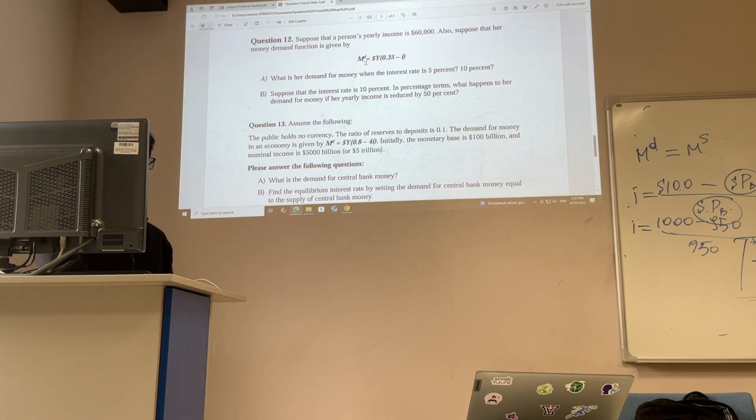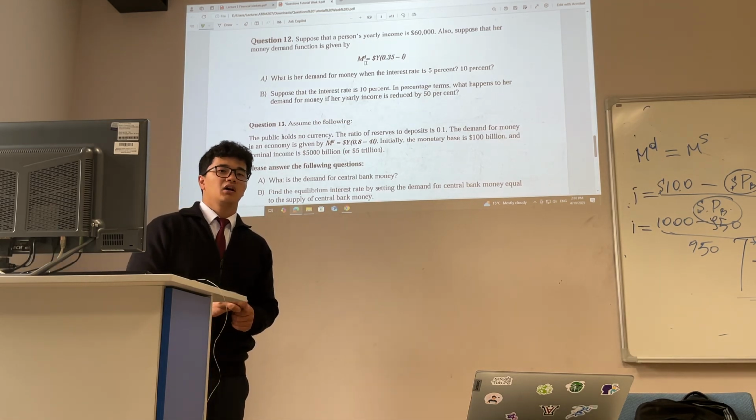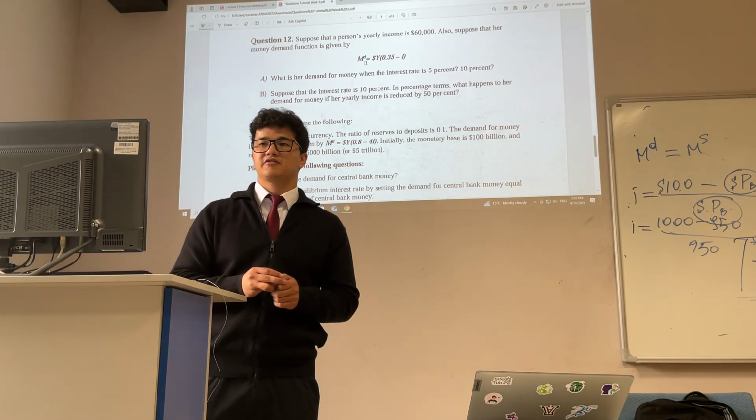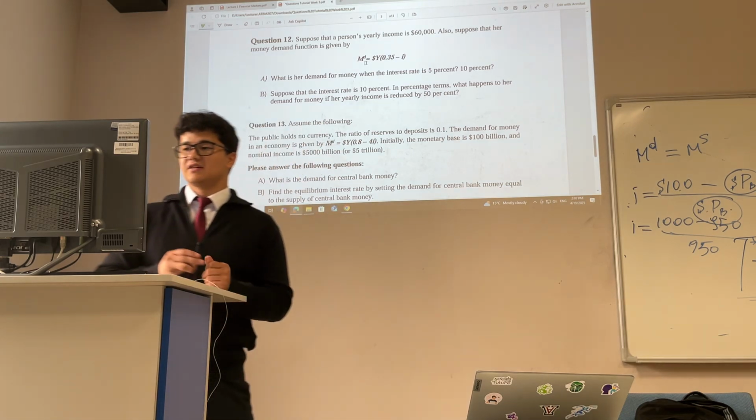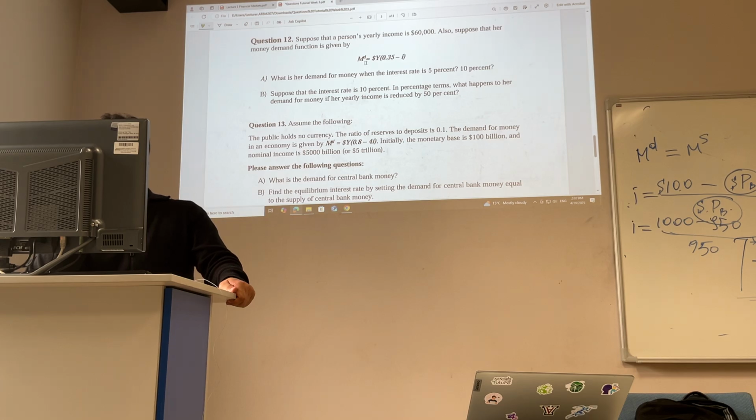Find it with a 10% interest rate. So 30 multiplied by 0.25 is 7,500, right? So when her yearly income decreased by 50%, her demand for money also decreased by 50%.